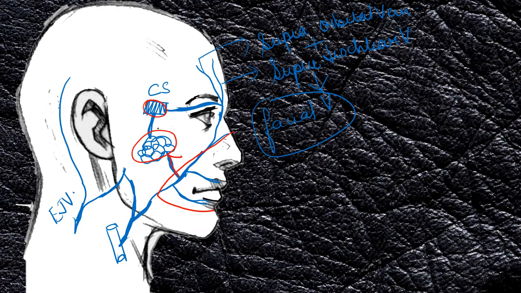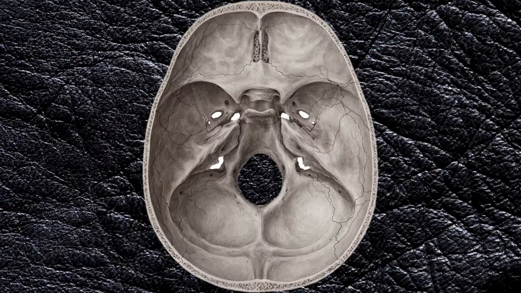Okay, so if any infection, any pimple that appears here gets infected, the infectious material enters through the facial vein and can go all the way into your cavernous sinus, which could result in very dangerous complications, right?